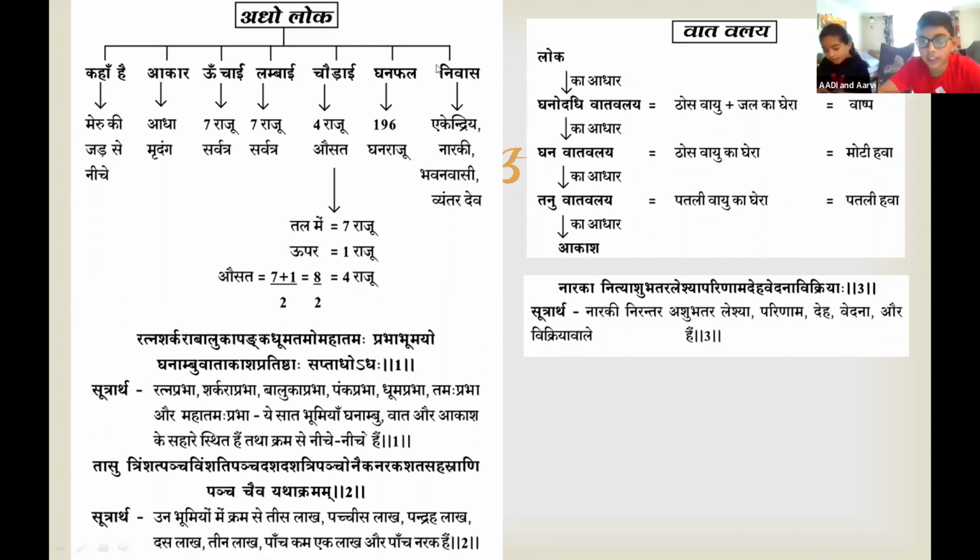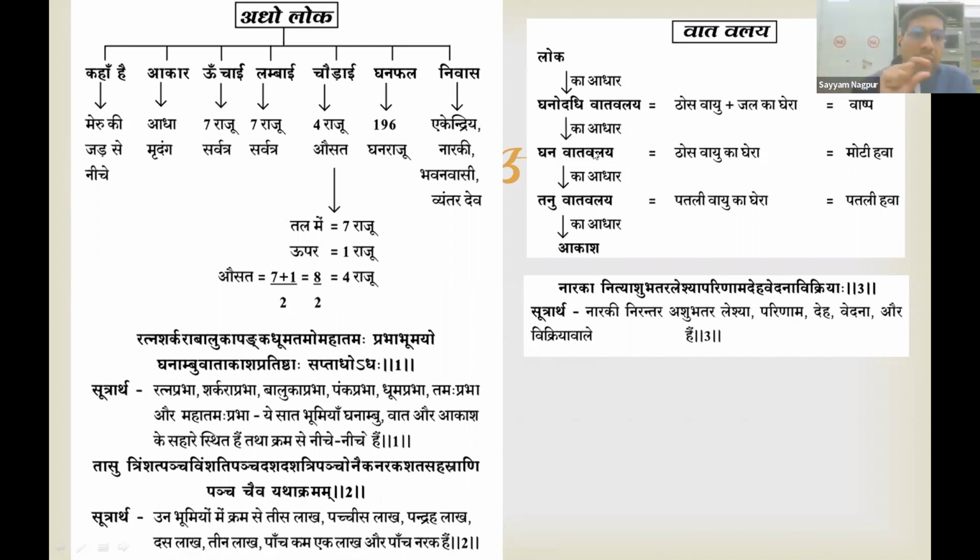What is a Vatvalay? Valaya and Vat. Valaya means location. Vat means air. So the lowest location has lightest air, which is called Tanuvat Valaya.